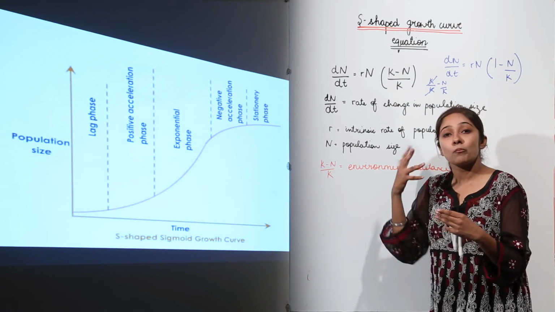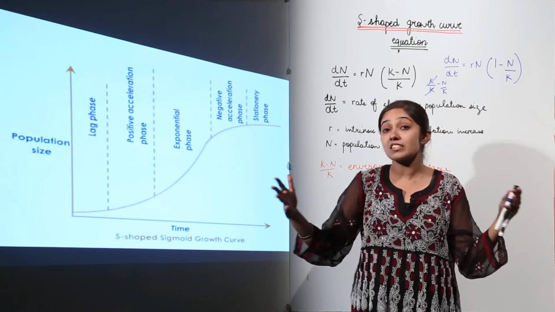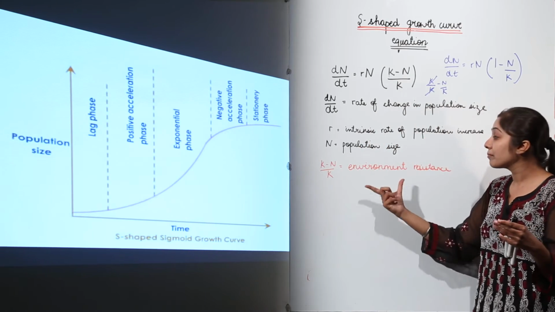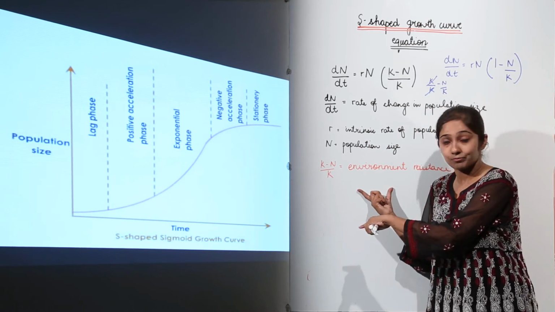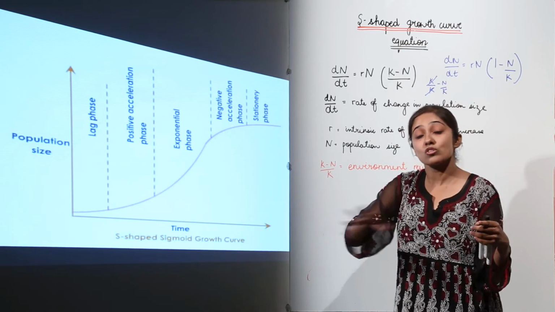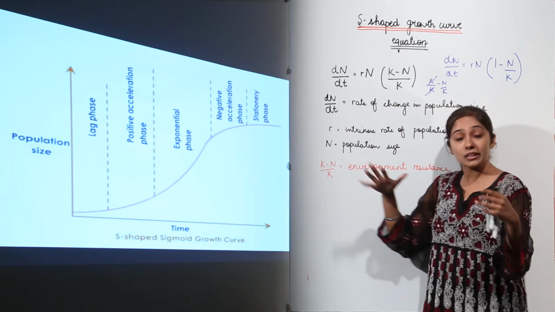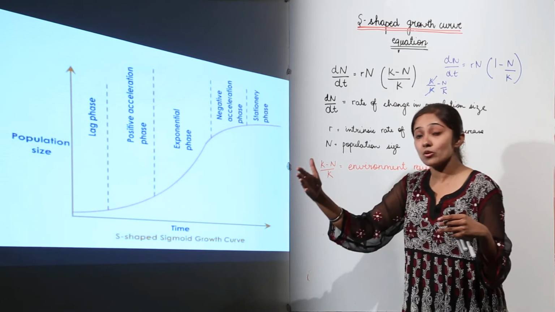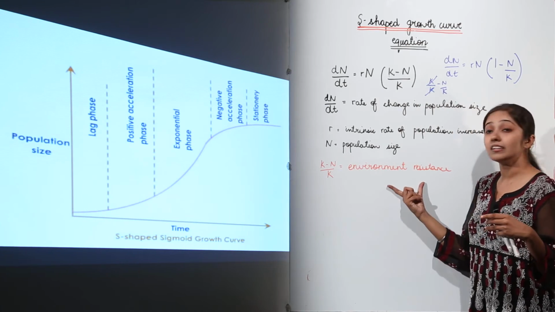That is why the population of elephants does not grow to such a high extent. Why does this happen? Because of environmental resistance. Why does the population of paramecium not go on and on, multiplying very rapidly, but it does not go on forever? Because of this environmental resistance.